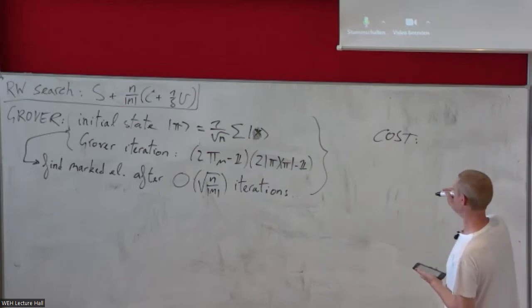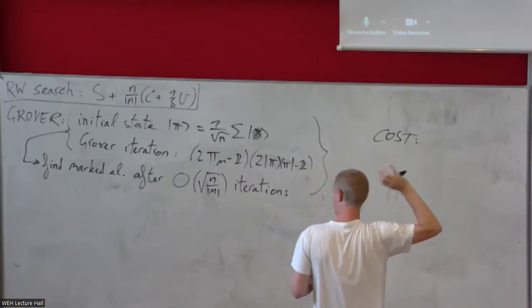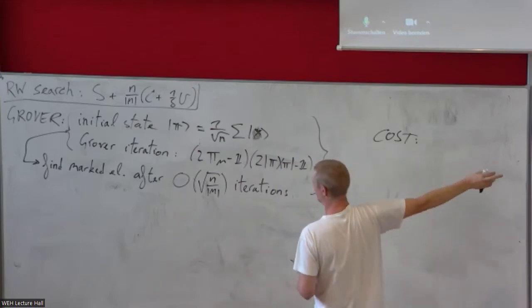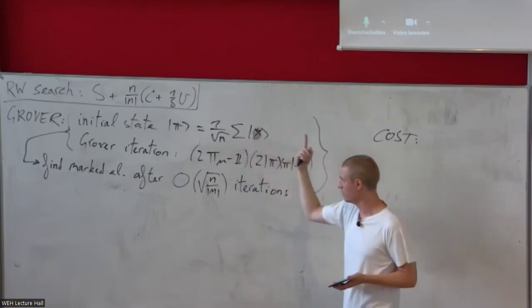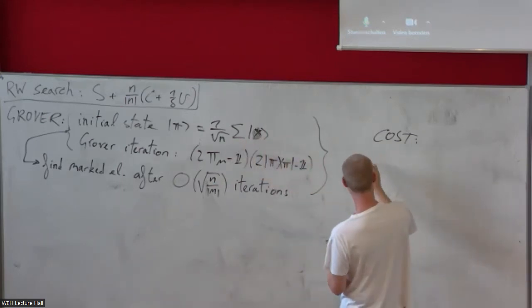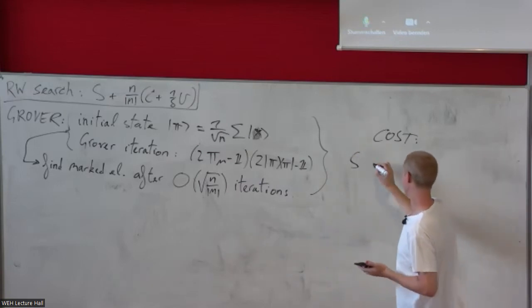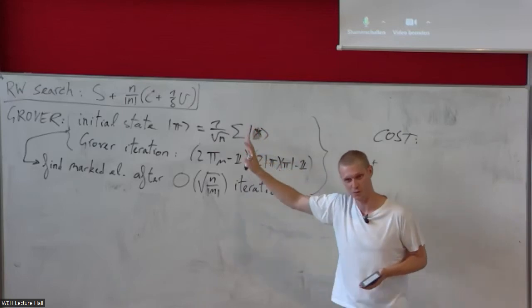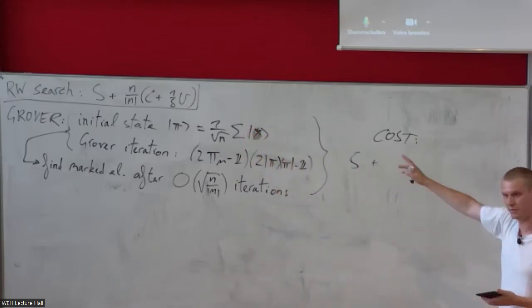Okay. So what's the cost of this thing? Similar to the mental picture of what was there, there was the setup cost of creating this initial state, but then it was pi, now it's cat pi. So we're going to have this setup cost, which I'm going to denote by S. Here it's a quantum setup cost. We want to create this quantum superposition, which by no means is as easy as preparing the classical sample.